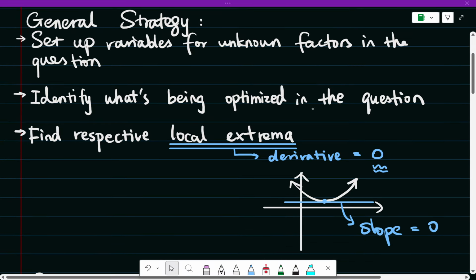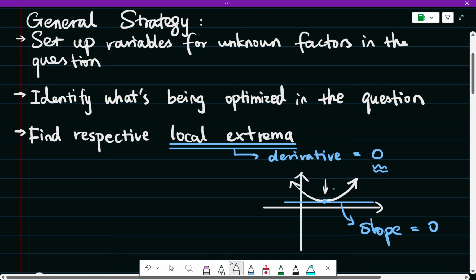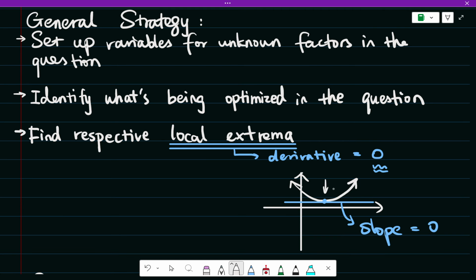And the reason being is as illustrated in this diagram. As we can see, if we're looking for a local minimum on a function, the derivative, which indicates the slope of that particular point, the instantaneous rate of change of that point, must be 0 for local extrema, local minimum and local maximum.